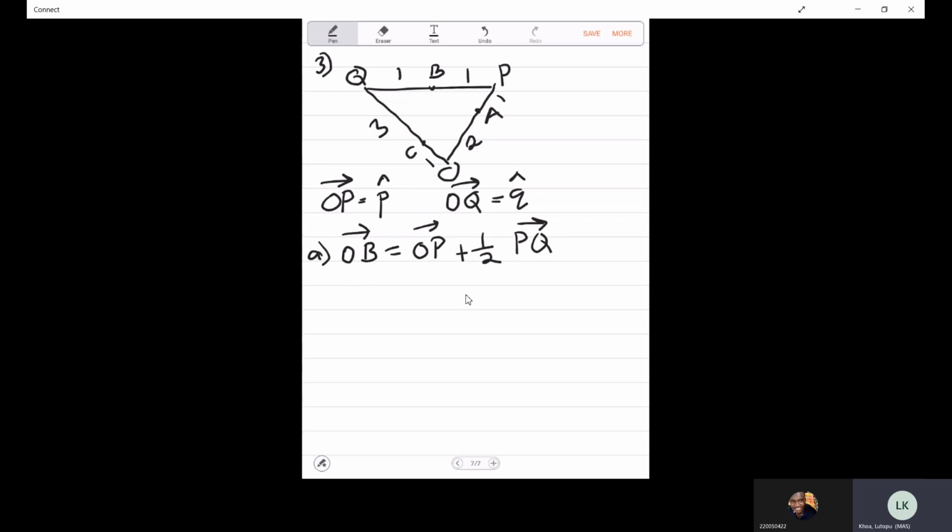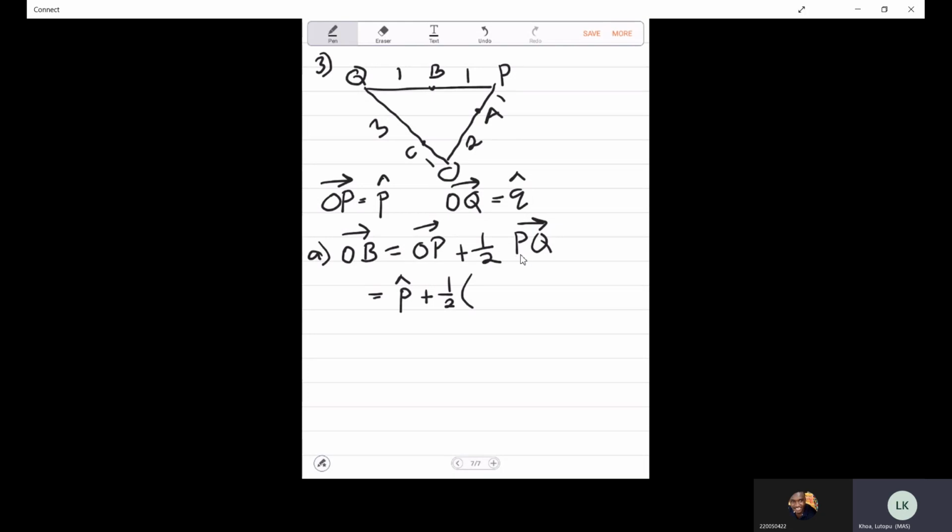Okay, and the vector from P to Q, if I want to go from P to Q, I should go from P to O, and then from O to Q, because OP, this vector here, is small p, and OQ is small q. So this is equal to small p plus half.